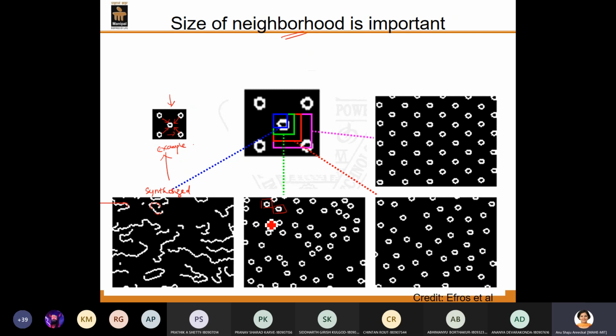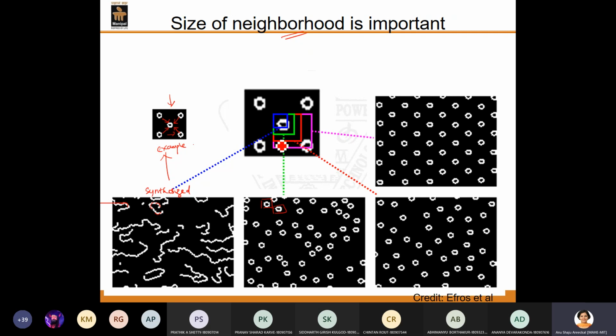But it is not exactly the same as the example image. Why? Because the distance information is not exactly equidistant from each other. The distance information has not been captured by this neighborhood. So even though you get the circular objects in the synthesized image, it is not the same pattern represented by the example image. That means this neighborhood is also not good enough for generating this example image.